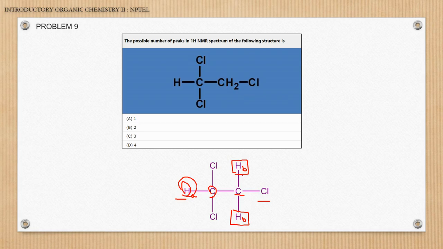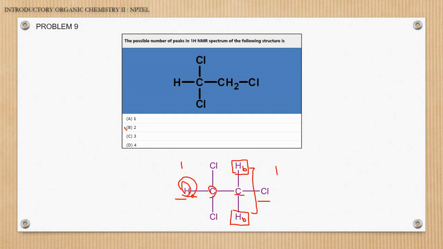So the connectivity and environment of these two protons are similar, and because of that you will see only two proton signals in 1H NMR. One is because of this hydrogen Ha, and one is because of these two protons, that is Hb. So a total of two signals are visible in the 1H NMR spectrum of this molecule.